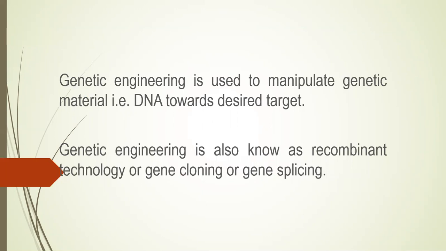This technique is applied for disease diagnosis, to produce useful products, and to transfer desired genes in plants and animals. Thus, genetic engineering is used to manipulate genetic material, that is DNA, towards a desired target. Genetic engineering is also known as recombinant technology, gene cloning, or gene splicing.